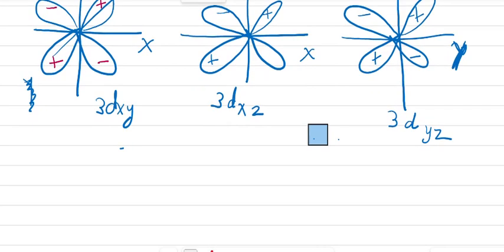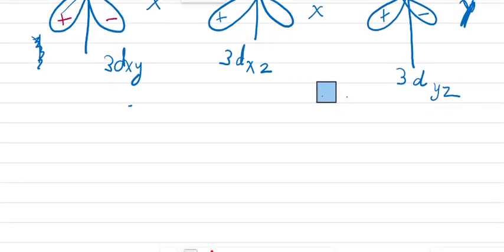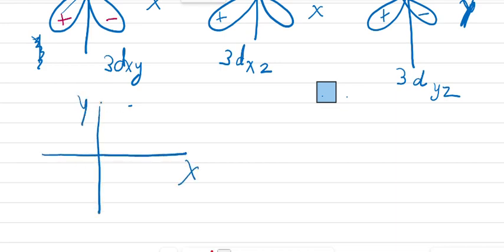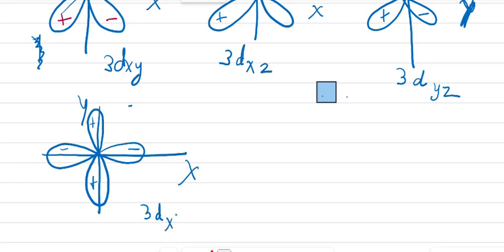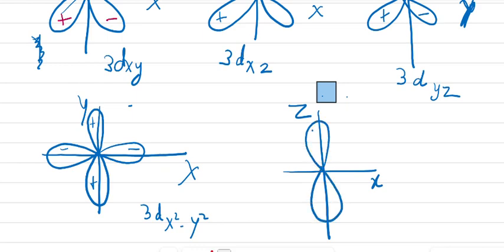So the 3d orbitals are like this, and two more d orbitals are there, dx2-y2 and dz2. dx2-y2 is in the xy plane, with four loops along the axes, plus and minus, plus and minus. This is 3d x2-y2 and this is 3d z2, plus, minus, minus.